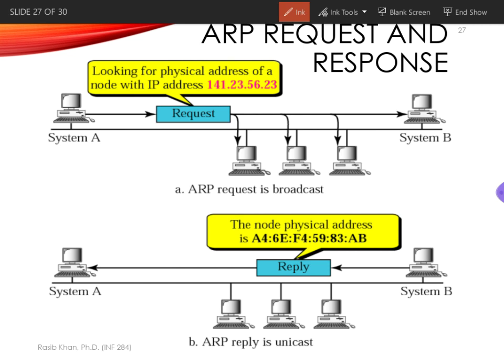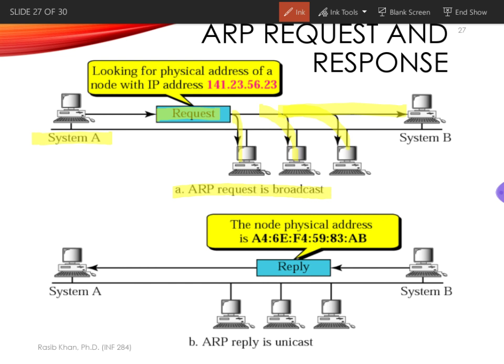So first, the ARP request is sent out by a host, and it is in the format of a broadcast request. So what happens is that, for example, in this case, host A will send out the ARP request, and the request will be broadcasted to all the other hosts in this particular network.